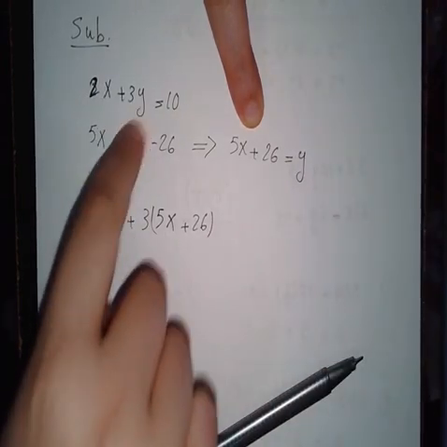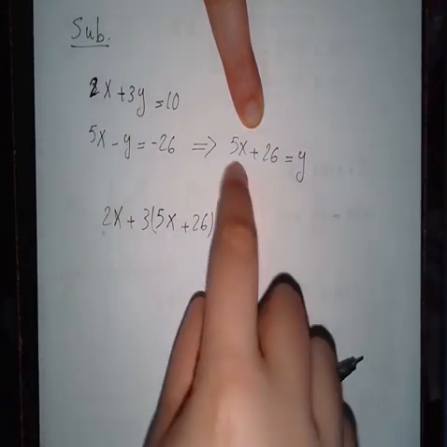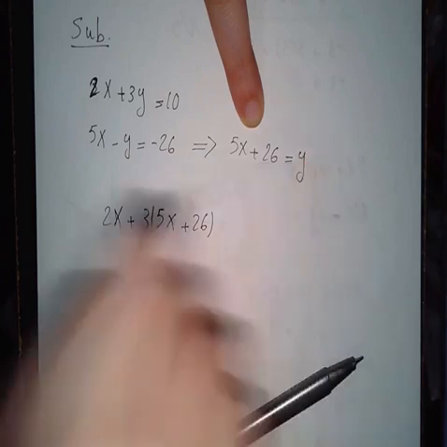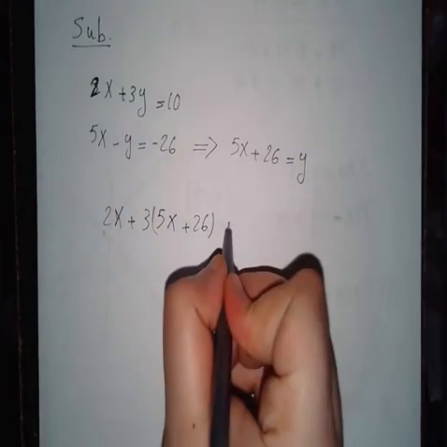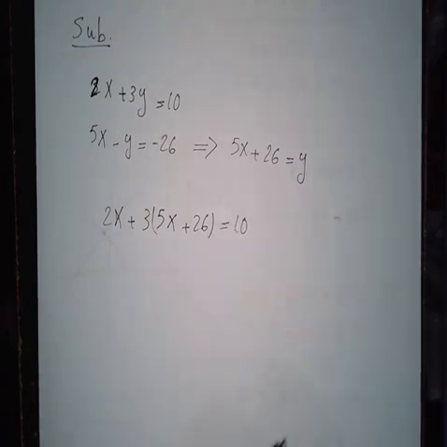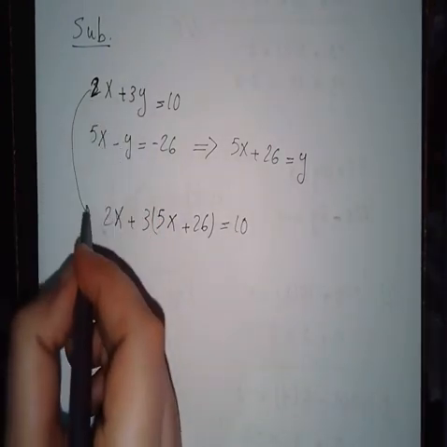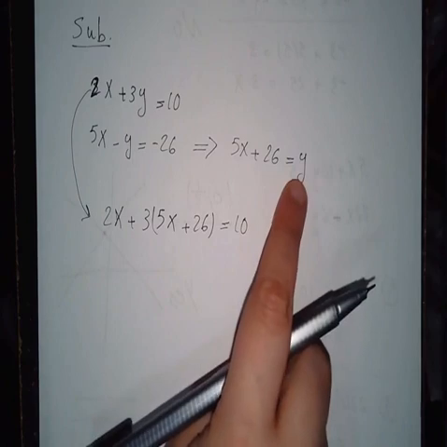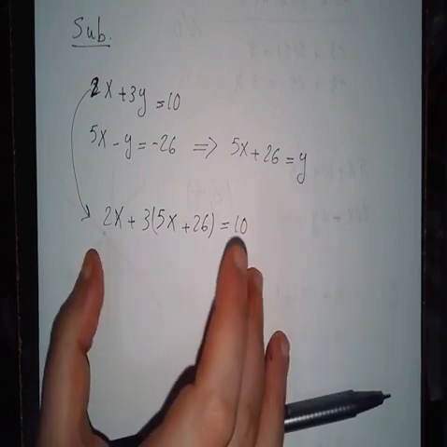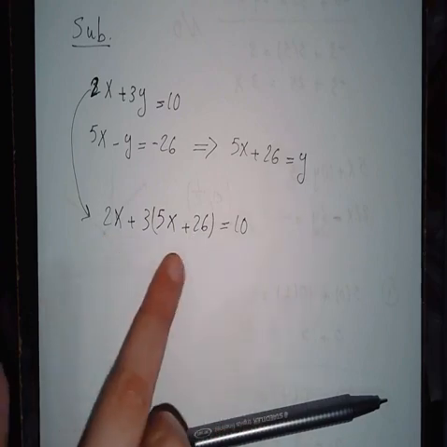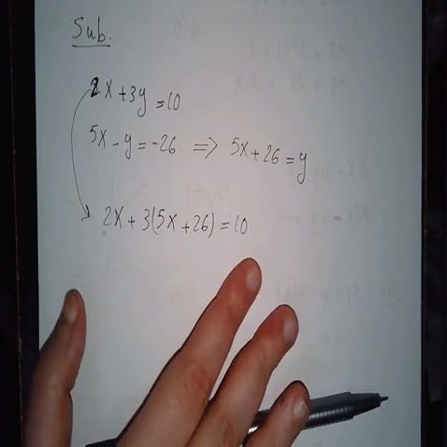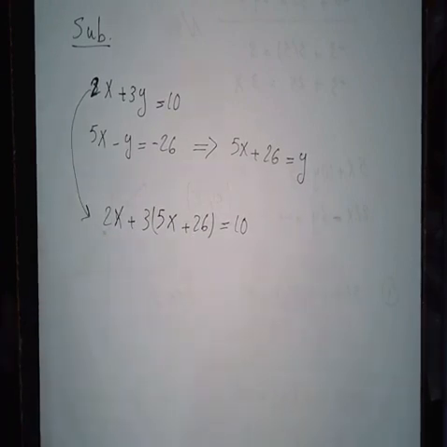So I'm saying 3y is basically 3 times 5x plus 26, which is y. Make sense? And then you set the whole thing equal to 10. So this rewrite, after I plugged in the value of y, turned my equation into an equation where you only have x. See what happened? Now this is solvable. You can easily do this.